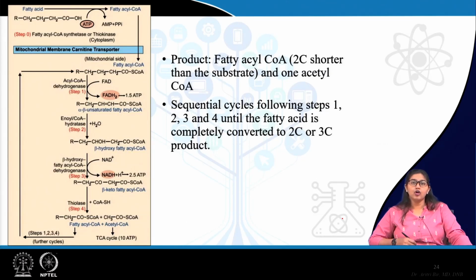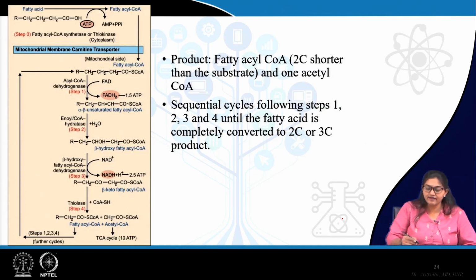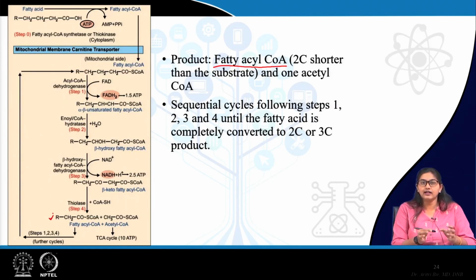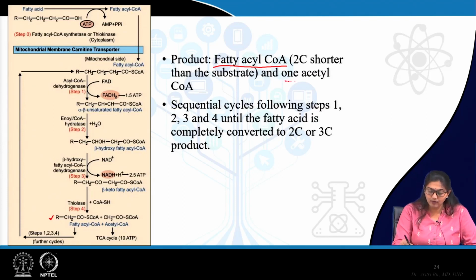So, remember the product of the first cycle of beta oxidation is fatty acyl coenzyme A, which has a chain length 2 carbons shorter than the substrate, and 1 acetyl coenzyme A is released.